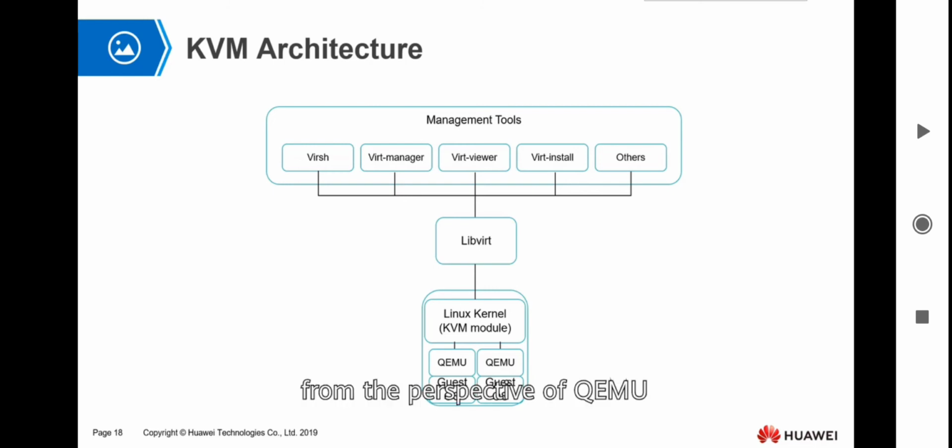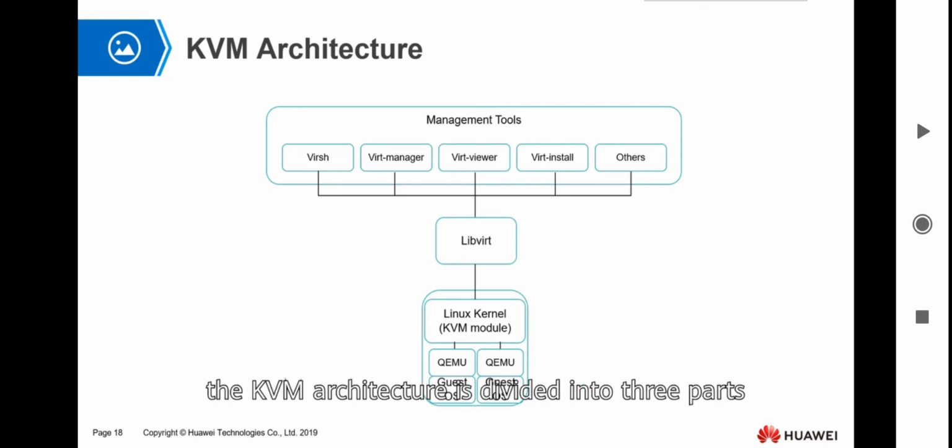From the perspective of QEMU, this can improve virtualization acceleration. Other I/O operations are all implemented by the QEMU part of QEMU-KVM. So, KVM plus QEMU will form a complete virtualization solution. To sum up, the KVM architecture is divided into 3 parts, and the management tools are not mentioned.